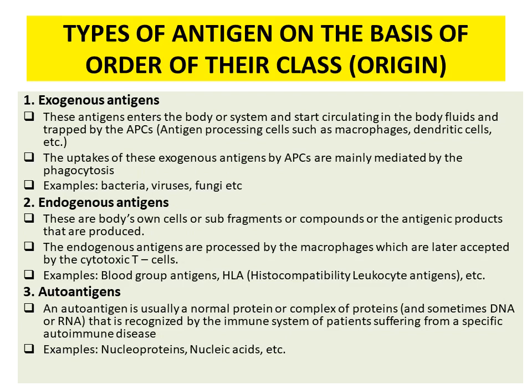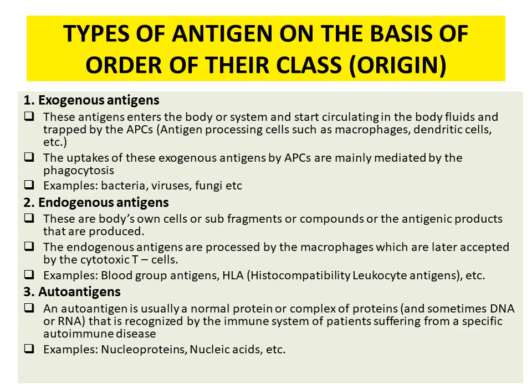Then the types of antigen on the basis of their origin: exogenous antigen, endogenous antigen and autoantigen. Exogenous antigens enter the antigen presenting cell, are processed in the antigen presenting cell, and the processed peptide comes to the outside with the MHC molecule. Examples are bacteria, viruses and fungi.